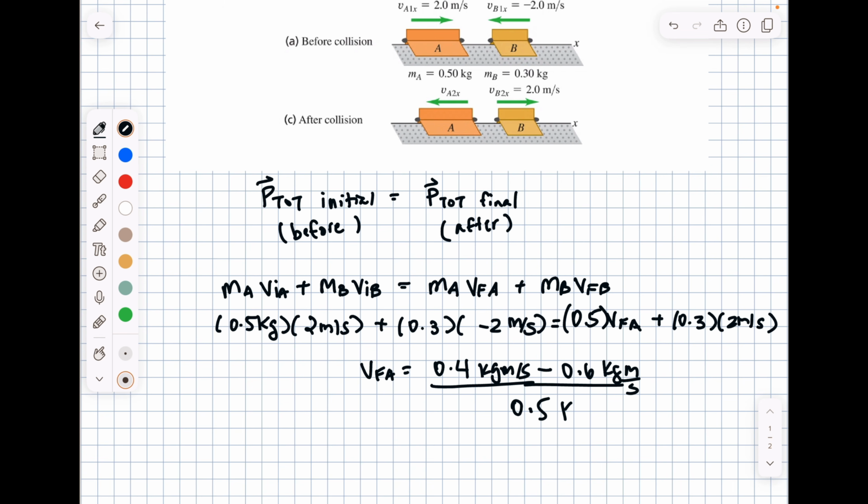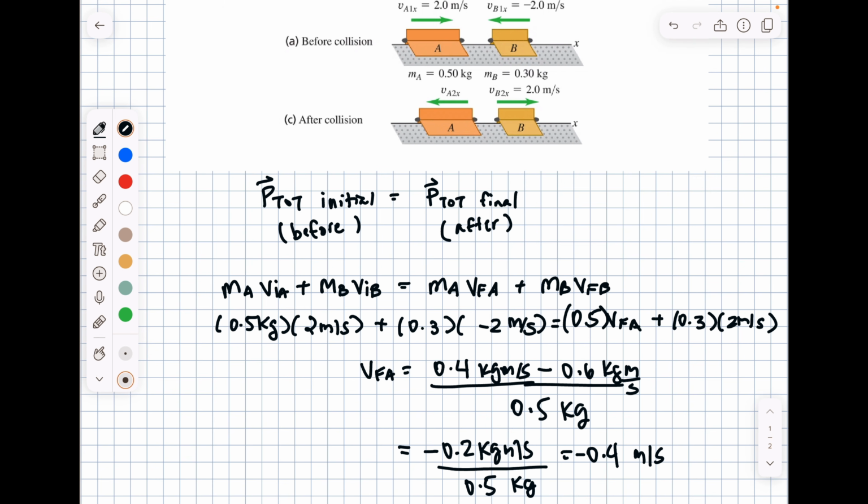I kind of did everything in one algebraic swoop. Okay, we have negative 0.2 kilogram meters per second in the numerator, divided by 0.5 kilograms. So that's going to be 0.4 meters per second negative, right? There's a negative sign here.